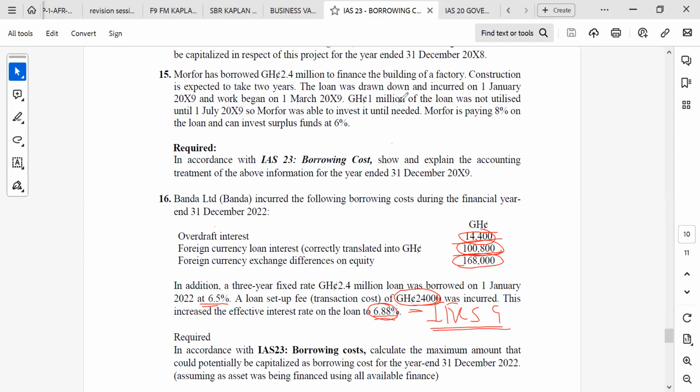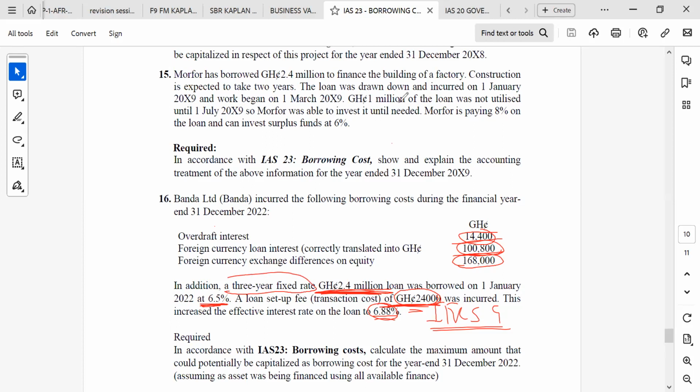So what you do is that the 6.5% will be calculated on this. That will be the interest on the loan. But you have also incurred a transaction cost, and this particular transaction cost will be amortized over 3 years.